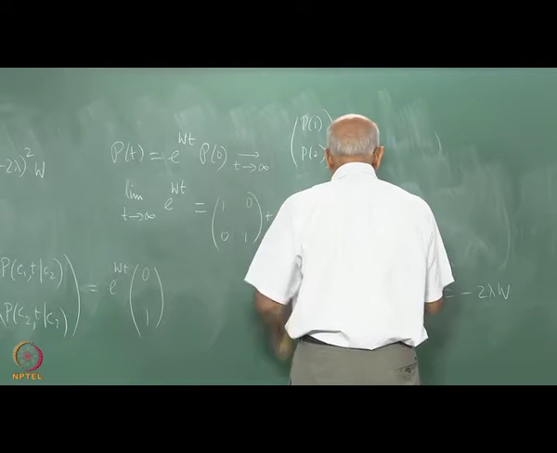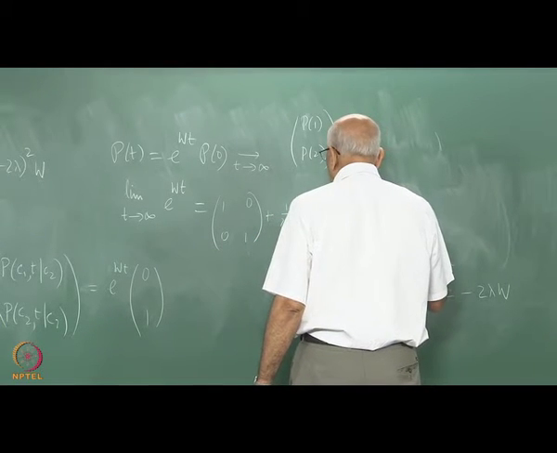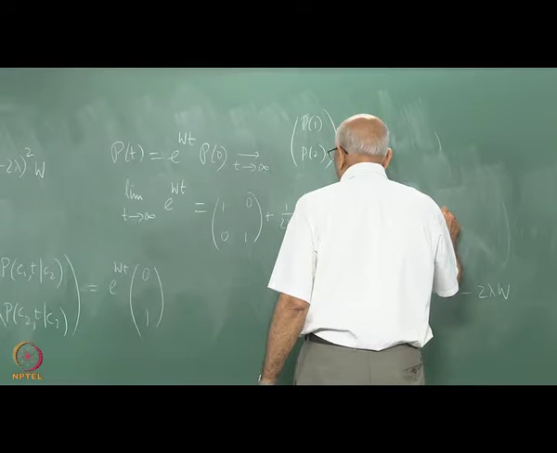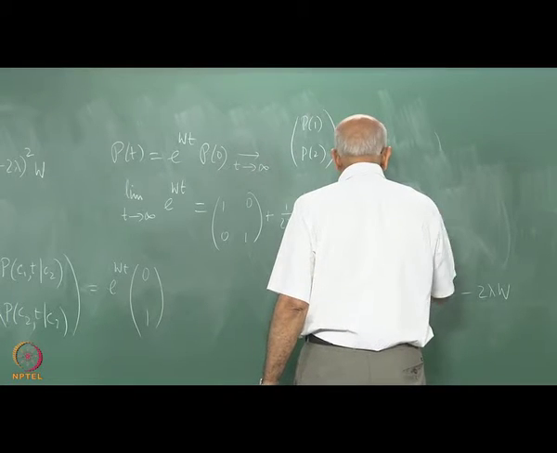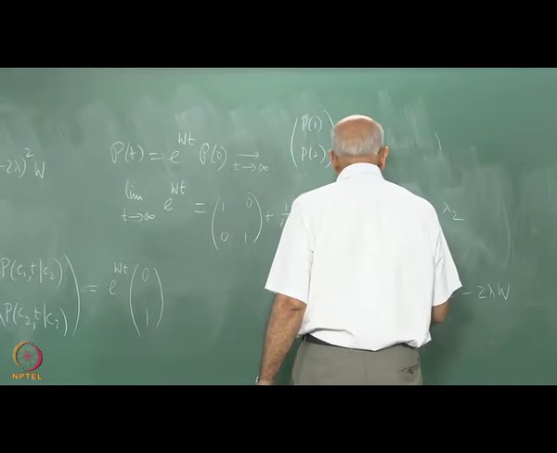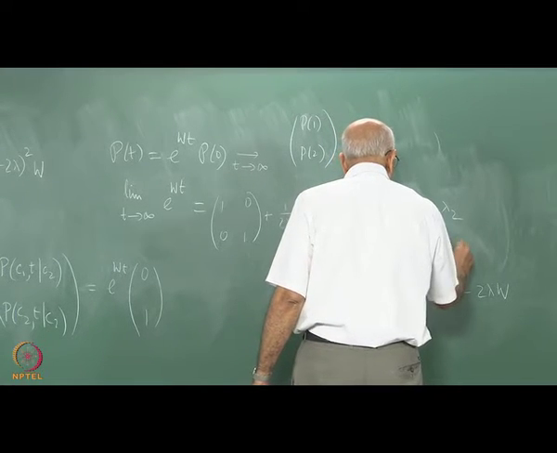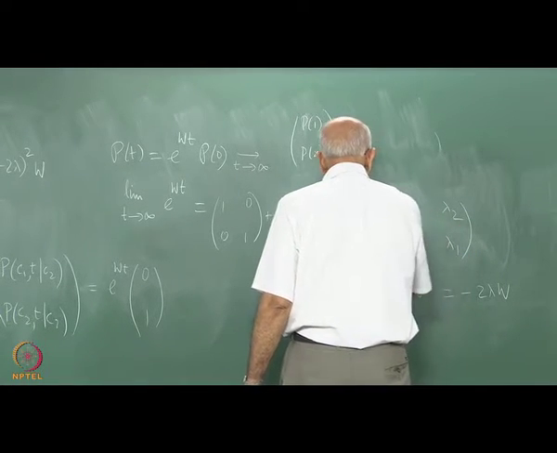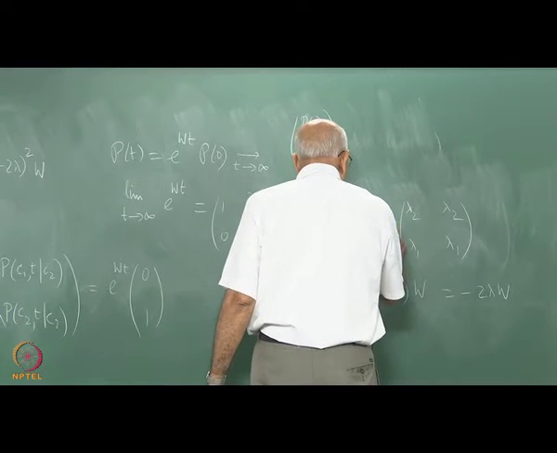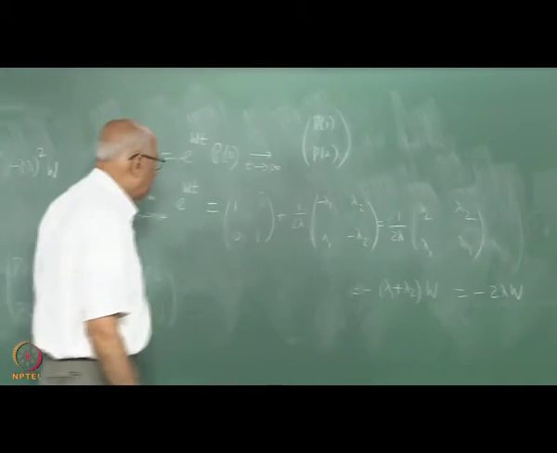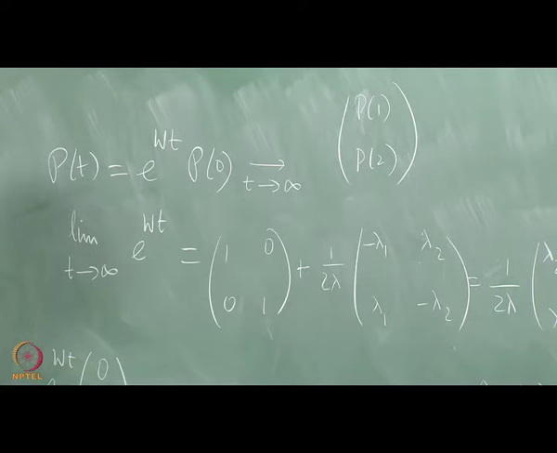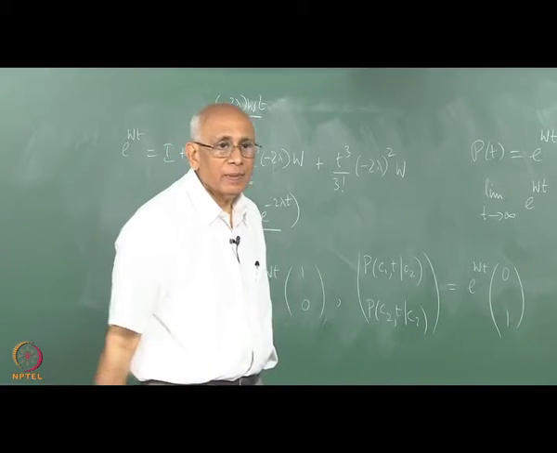It is lambda 2, again a lambda 2, and then a lambda 1 and a lambda 1, times 1 over 2 lambda, on whatever initial state you want to put down.